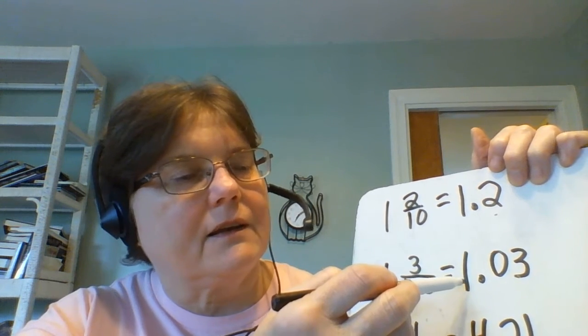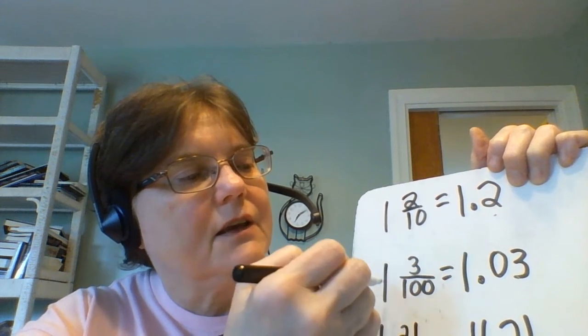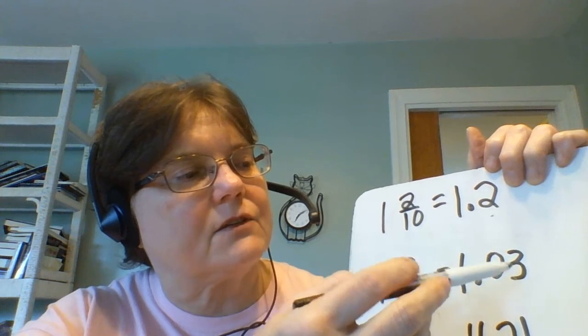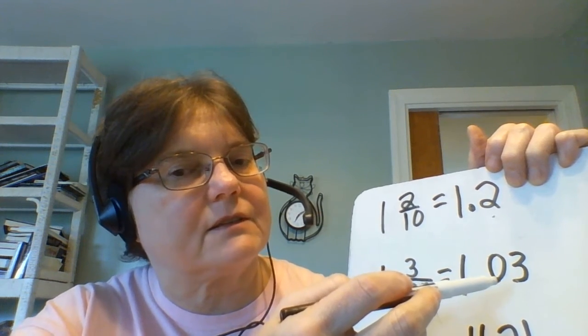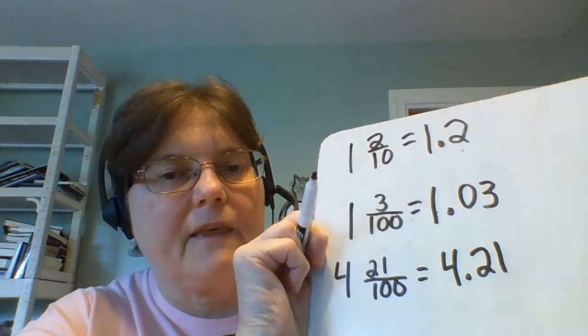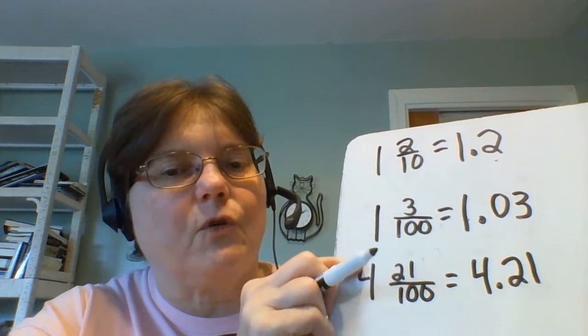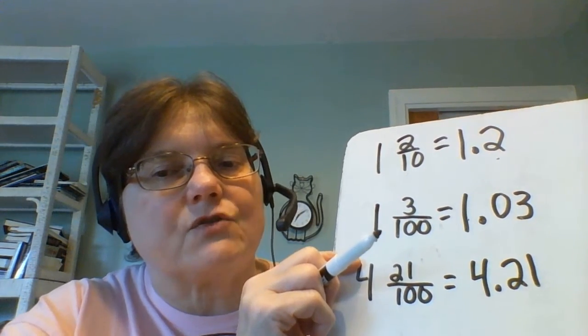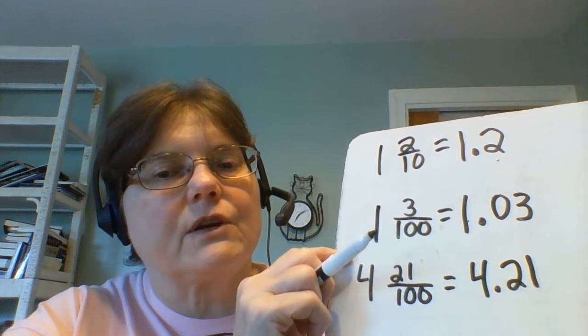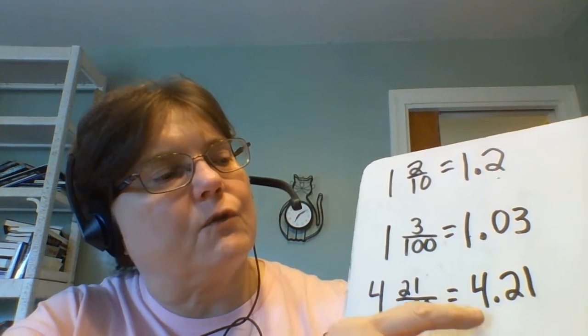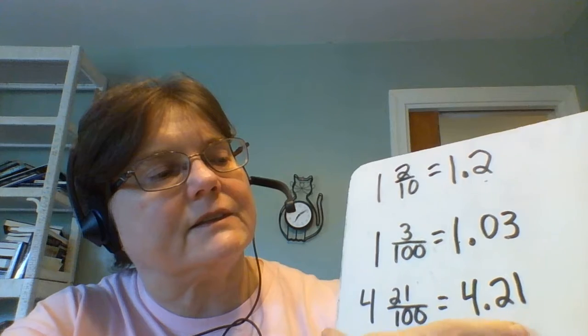That's 1 and 3/100. The 1 is in the ones place and the 3 is in the hundredths place. What about 4 and 21/100? 4 and 21/100 is 4.21.